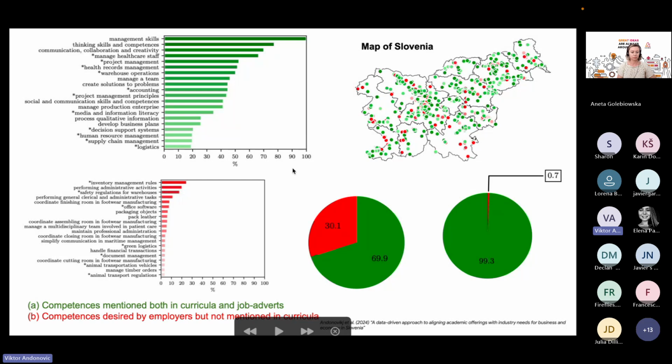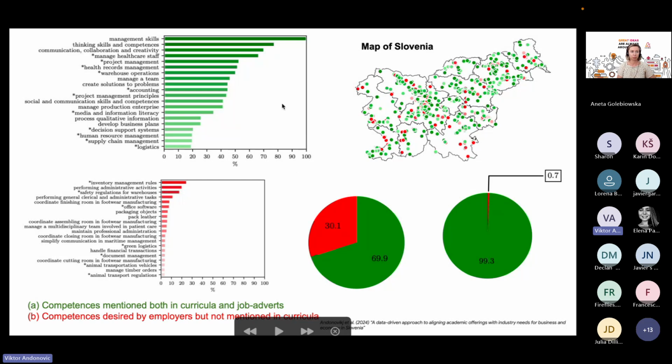These are very specific knowledges and occupations, such as inventory management rules, data warehouses, office software, and so on, which were then introduced to the academic curricula at the institutions in Slovenia. And they are in the process of undertaking a revolution in their design of the curricula and syllabi.